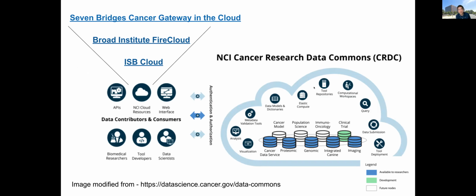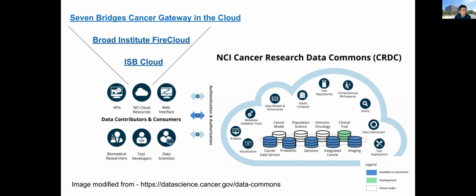The CRDC provides access to data type-specific repositories, as shown on the right-hand side in those databases in blue, white, and light green, including genomic data, proteomic data, comparative oncology, imaging, and more.